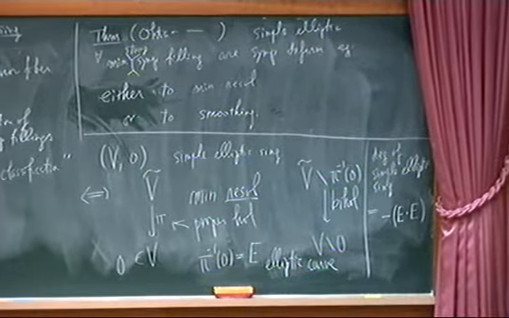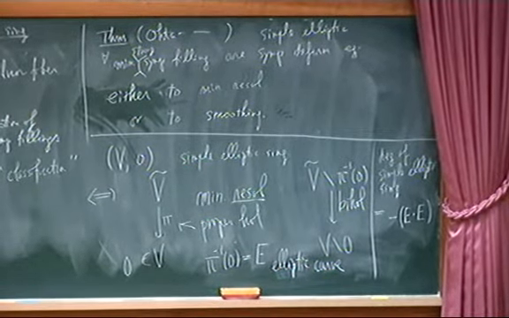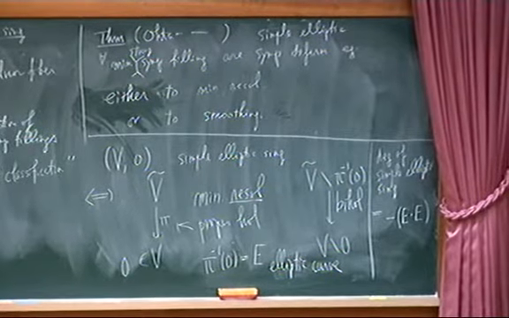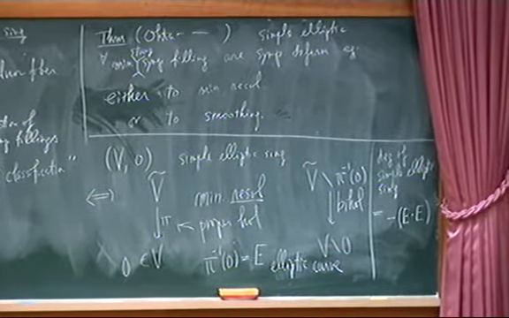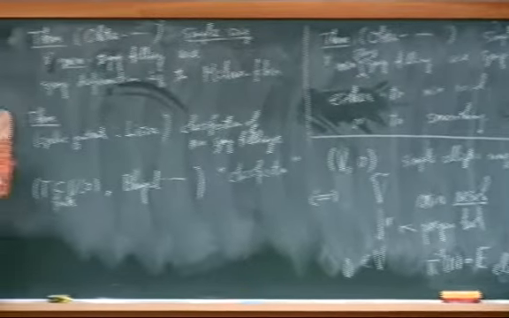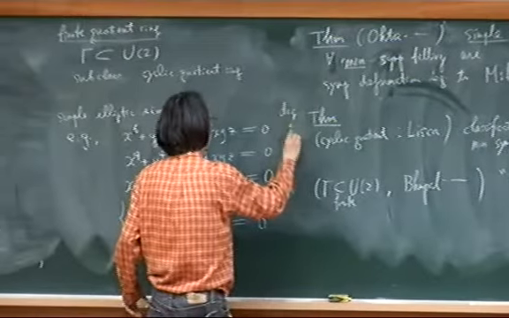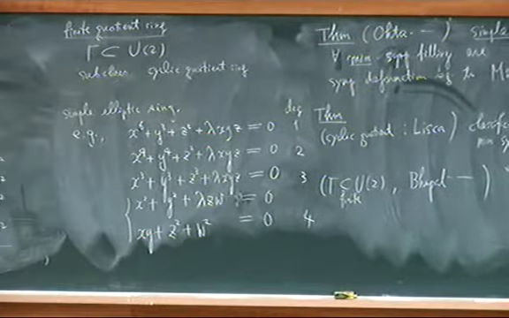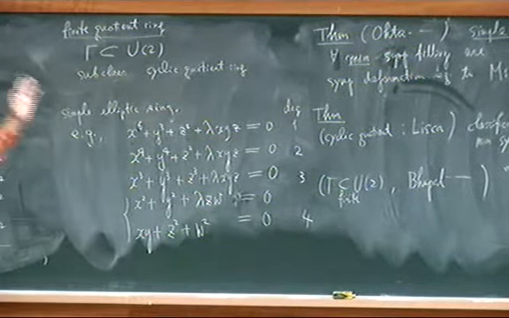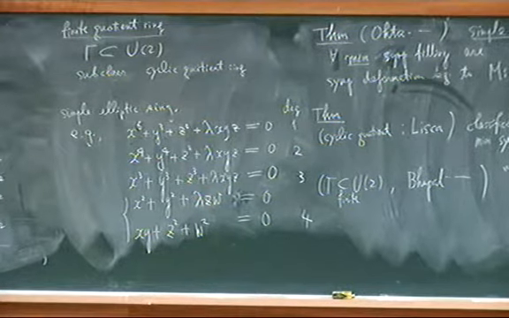For them, the degrees are given as follows. Degree is 1, 2, 3, 4, and the degree can be an arbitrary positive integer.